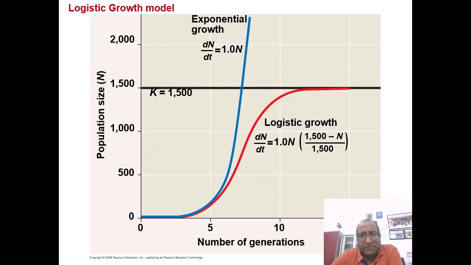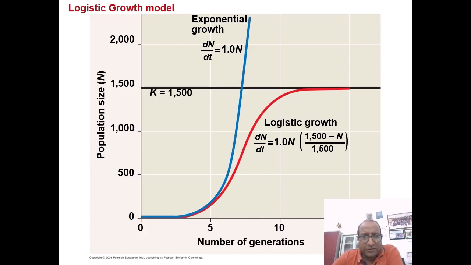But the environment can only sustain the life of 1000, 1500 individuals. Because of the exponential growth, once it reached 2500, it suddenly collapsed. Everybody had to die and the population comes again to zero because of the high population explosion.